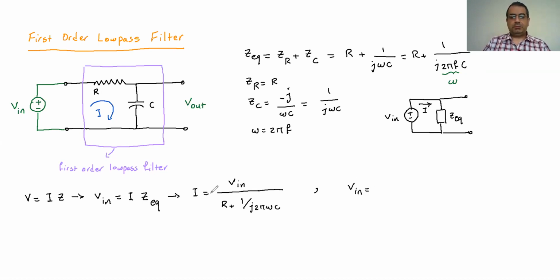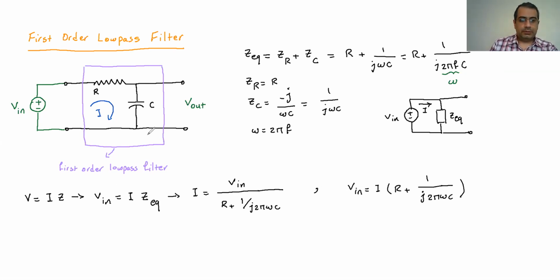Vin is equal to I times R plus 1 over j 2 pi omega C. So it's just this equation, but written in two different ways because we need both of them later.